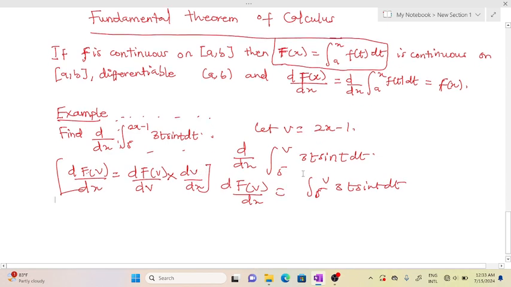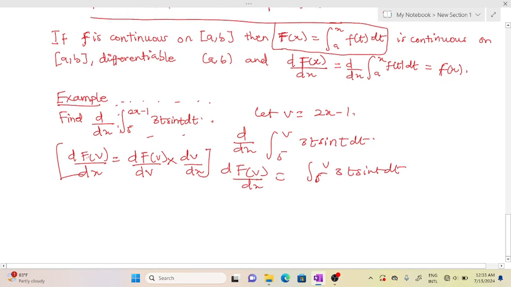So let's see how we do it here. Once you have your chain rule, I think you are almost done. Remember that dF of v over dv, meaning this thing, will become what? It will simply give us 3v sine v. Wherever you see t, you put v there. That is all.